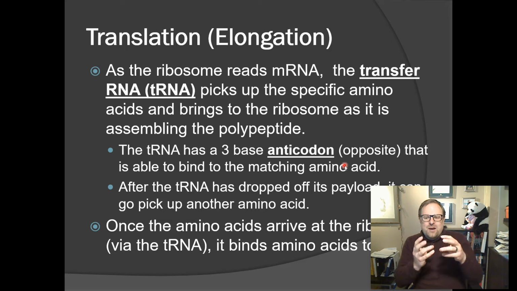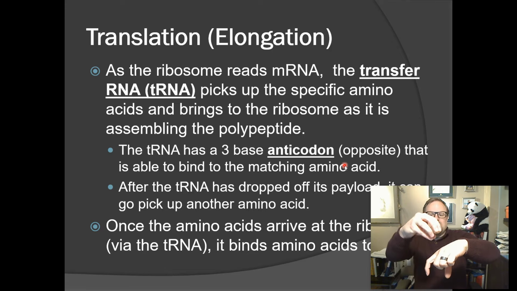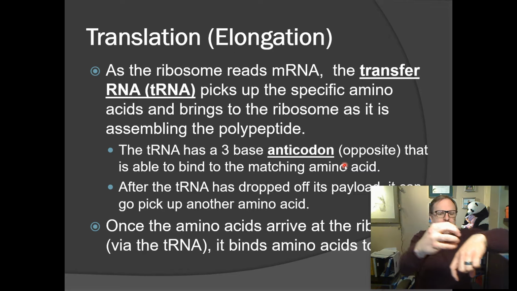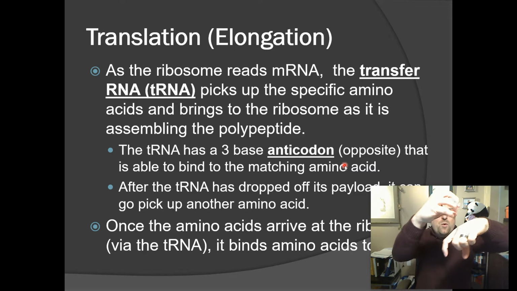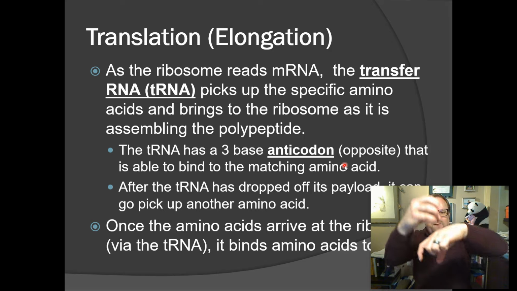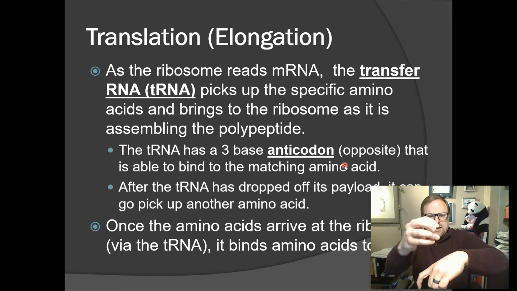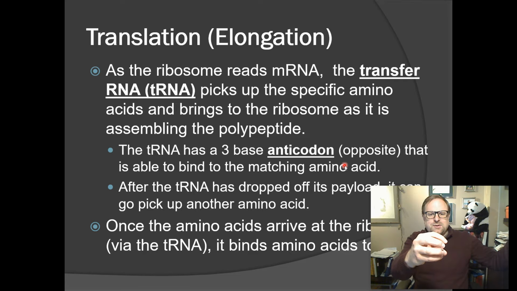One end is a piece that will fit as an anticodon to the mRNA molecule. The other end has a special attachment point for an amino acid. They float around, attach to an amino acid, then find their way to a ribosome and try to find the anticodon that fits on that messenger RNA. Once they find the anticodon that fits, they drop off that amino acid and disconnect.